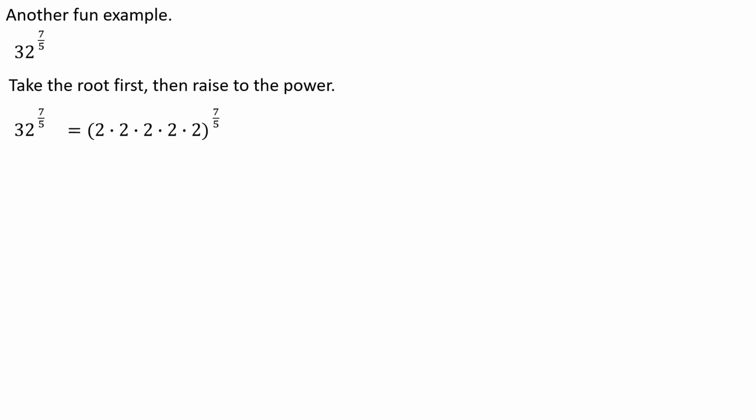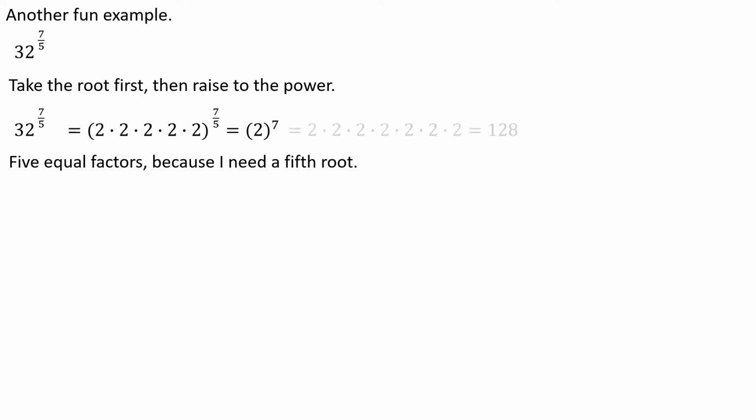Those are 5 equal factors. They multiply to make 32. So if I take the 5th root, I just have 2. Now the numerator of that exponent was a 7, so I need to take 7 2's, multiply them together, and get 128.